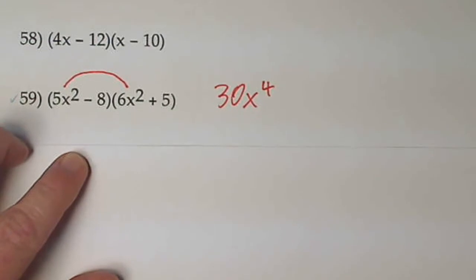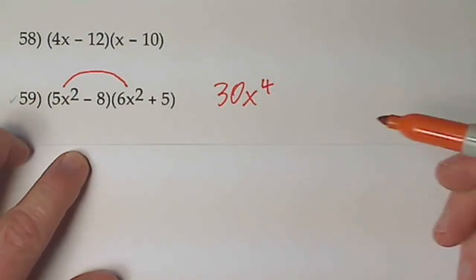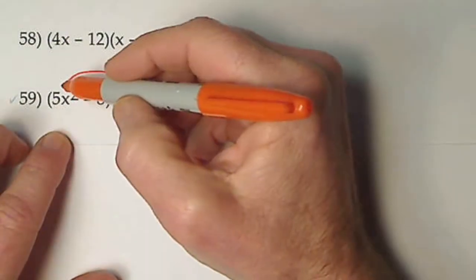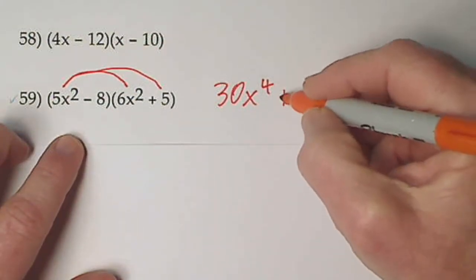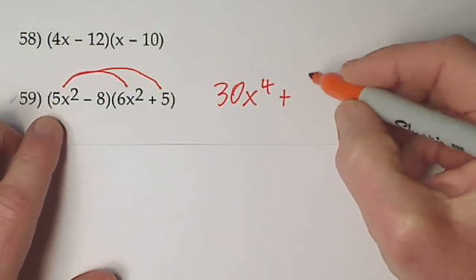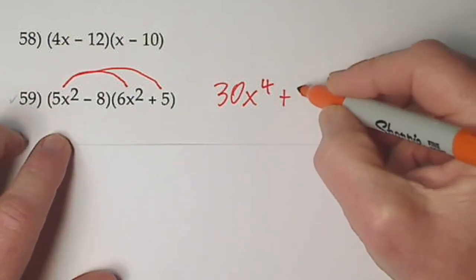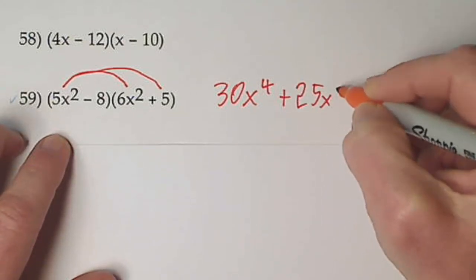And then 5x squared times this 5 is going to be positive 5, so positive times positive is positive, 25x squared.